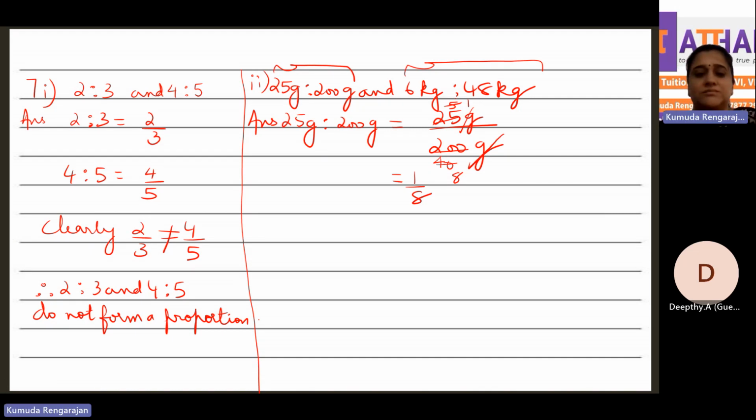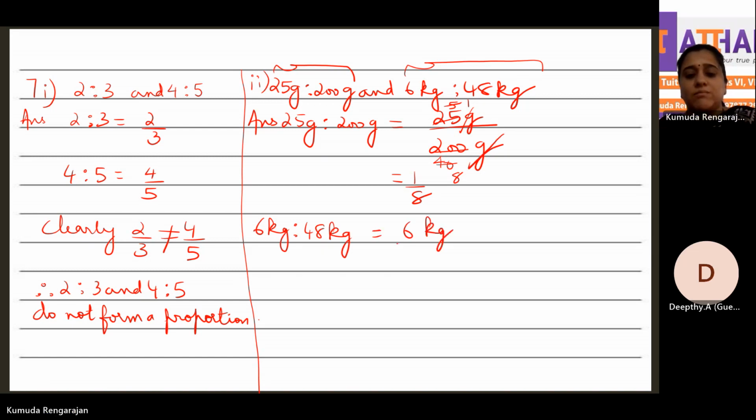No, not needed. Next, 6 kgs is to 48 kgs is equal to 6 kg by 48 kg. So kilograms get cancelled. 6 ones are 6, 8 sixes are 48. So how do you conclude?